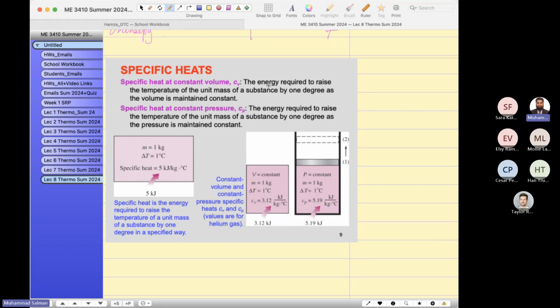The energy required to raise the temperature of a unit mass of a substance by 1 degree when the volume is kept constant, and when the pressure is kept constant, this is Cp, C sub P, C sub V, for gases.